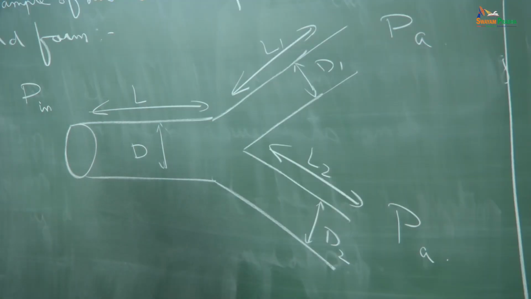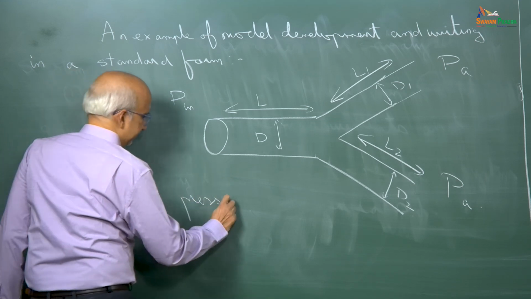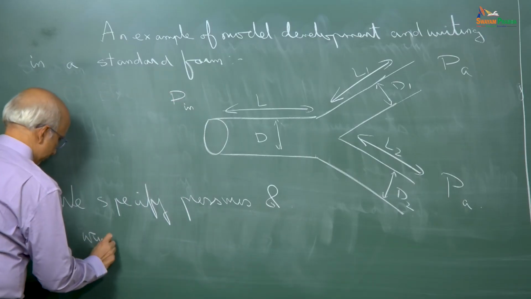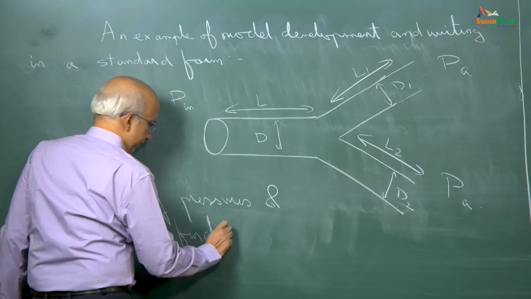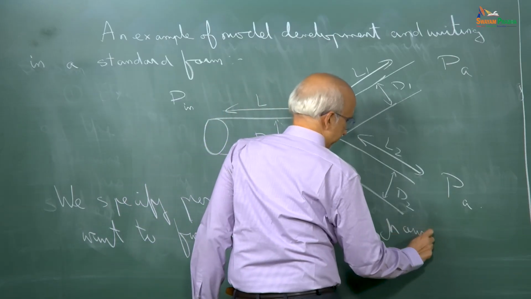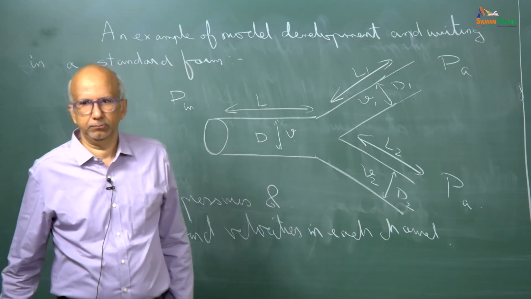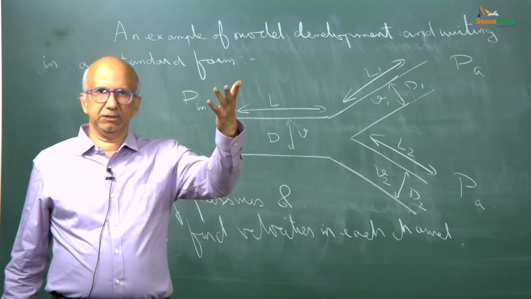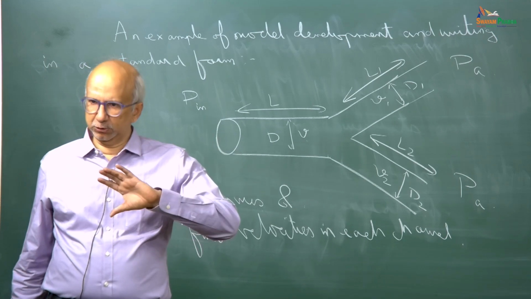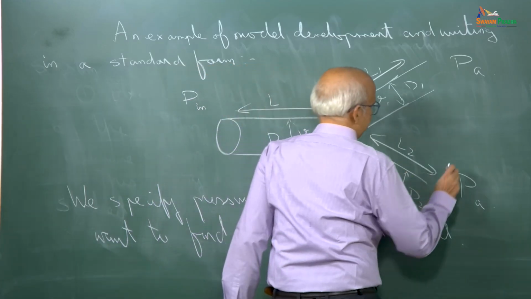Let us say these two limbs are exposed to atmosphere, and I have given the lengths, and the question is: we specify the pressures and want to find velocities in each channel. I am going to call this velocity V, this velocity V1, this velocity V2. And clearly this fluid which is flowing has some viscosity mu, and because there is only one liquid, the viscosity is mu in all the channels.